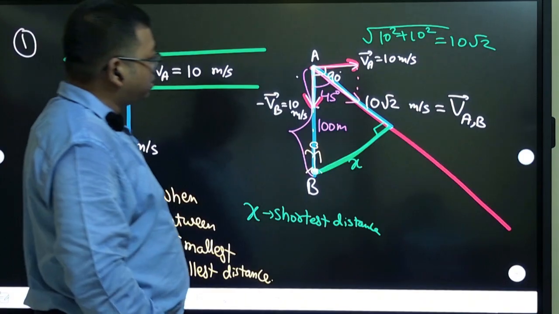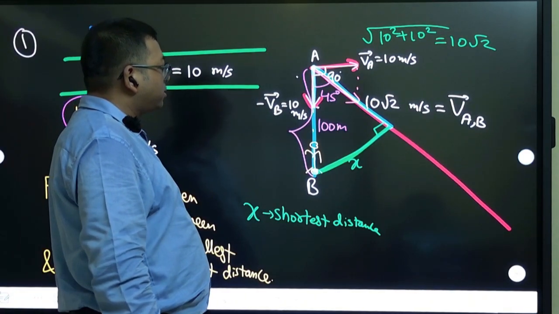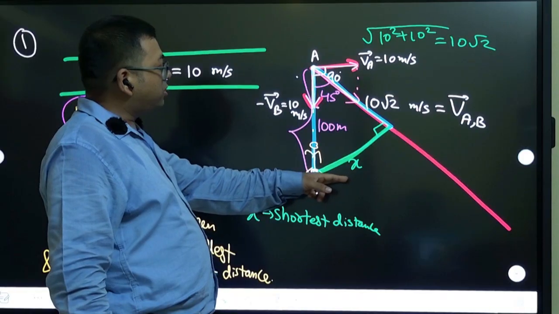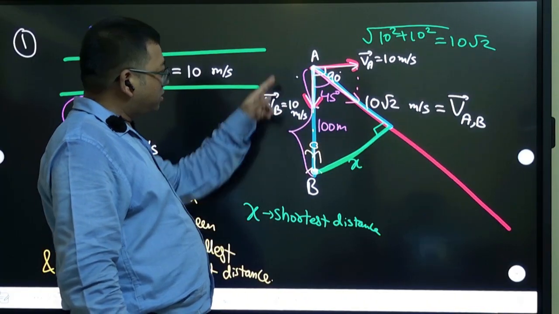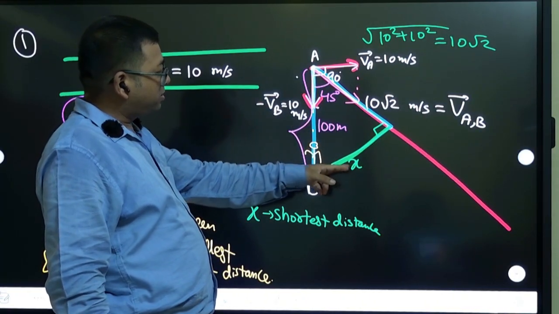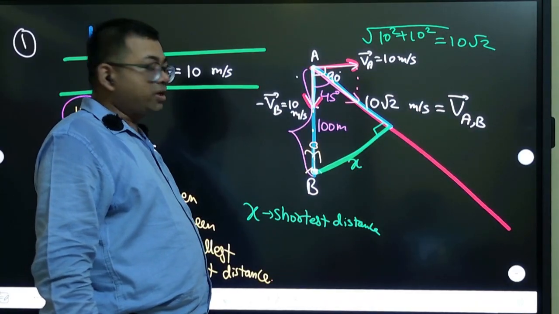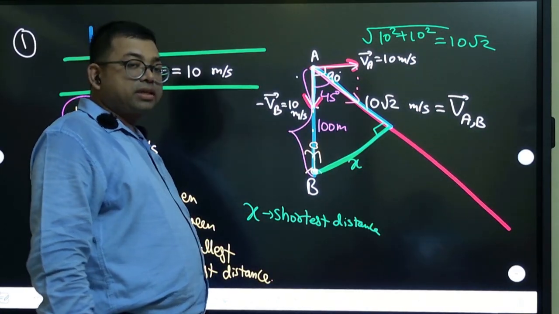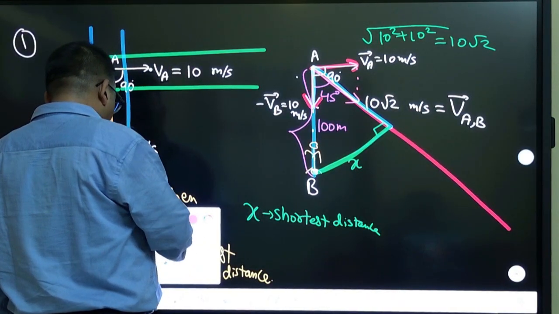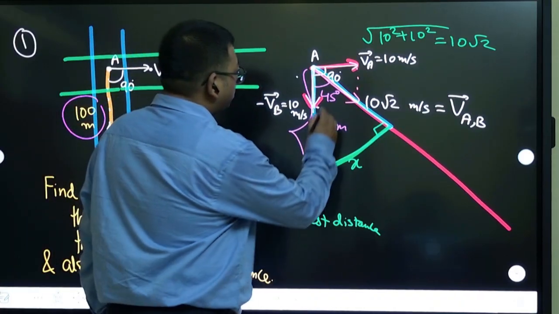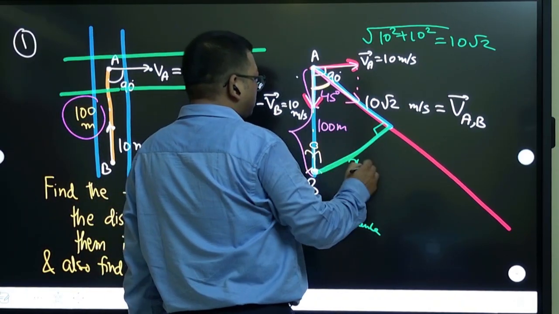Use trigonometry now. This is opposite of 45. This is the hypotenuse, and you know the hypotenuse. This is 45. Which trigonometry ratio can you use? Sine, cos. Which can we use? Opposite of 45 degrees, right?